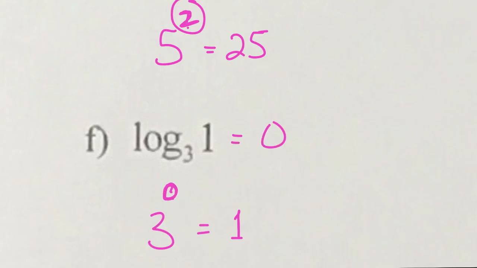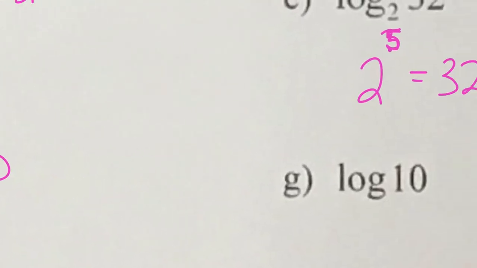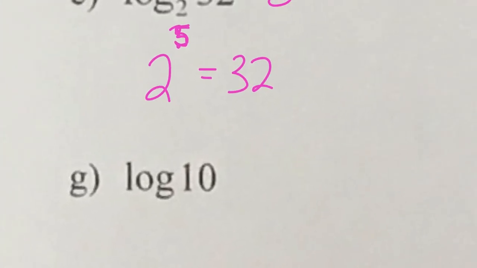Anytime your answer is 1, the log of that is always going to be 0, no matter what your base is, because anything to the 0 power is 1. 10 to what power equals 10? That's the first power, because anything to the first power is itself.